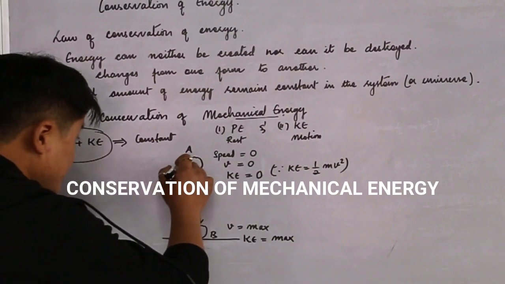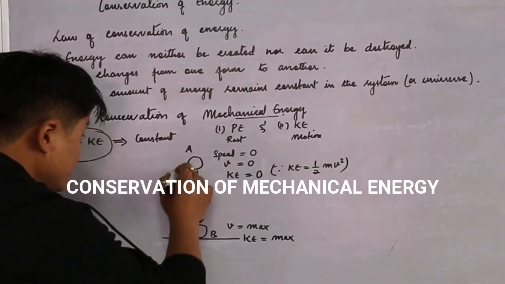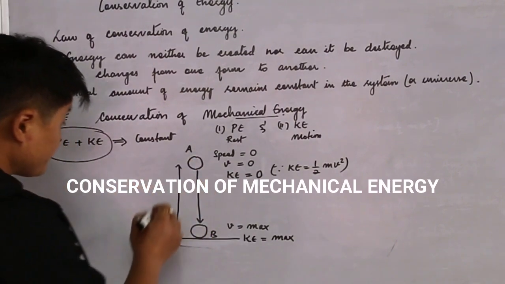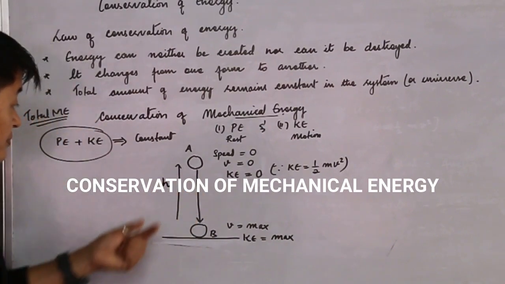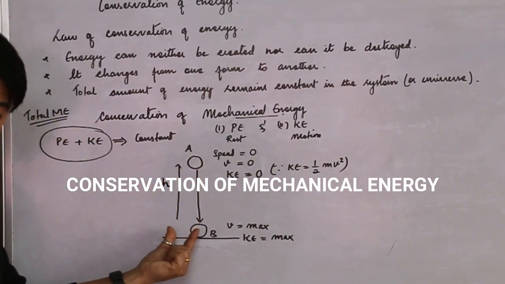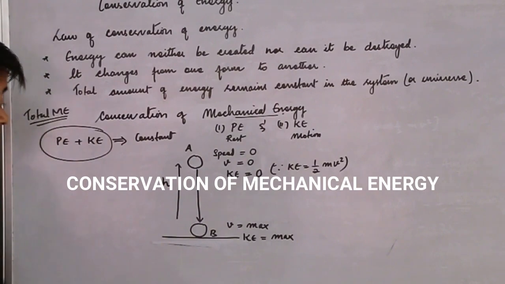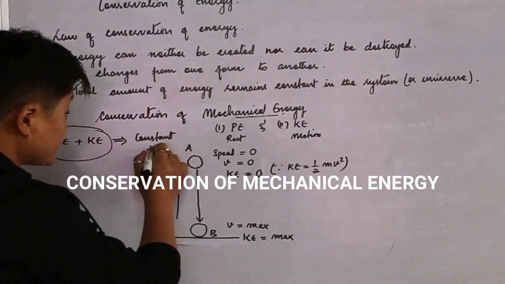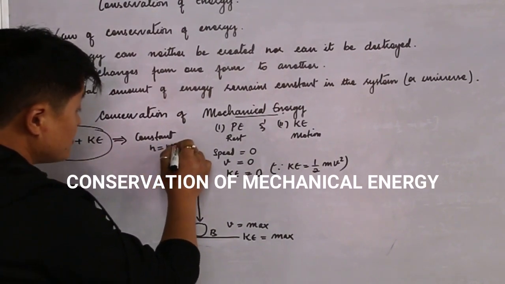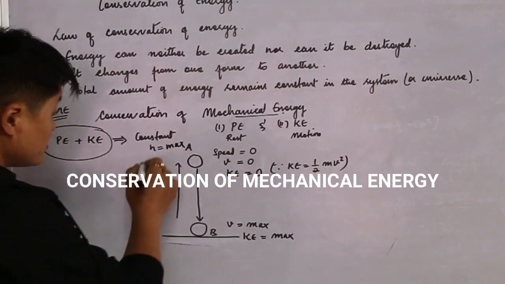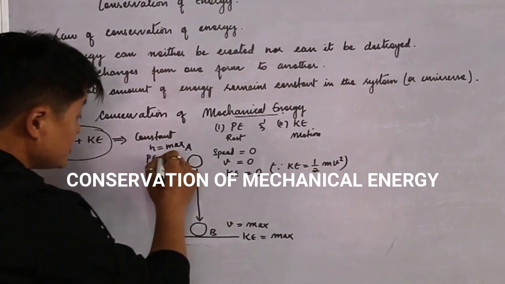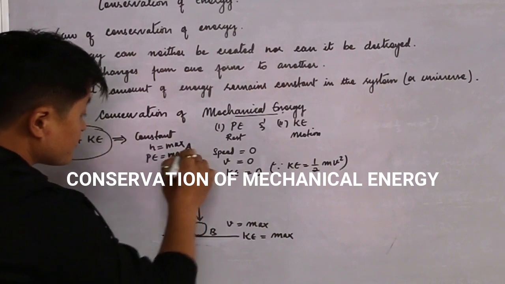If we check the potential energy, the ball is falling from height h, so at A the height h is maximum. When the height is maximum, potential energy is maximum.